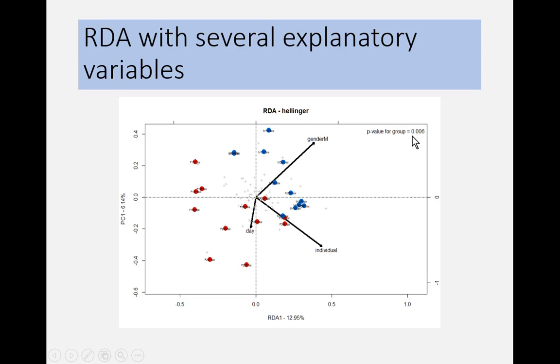And then you have this p-value for the group column again, which is now actually the gender here.